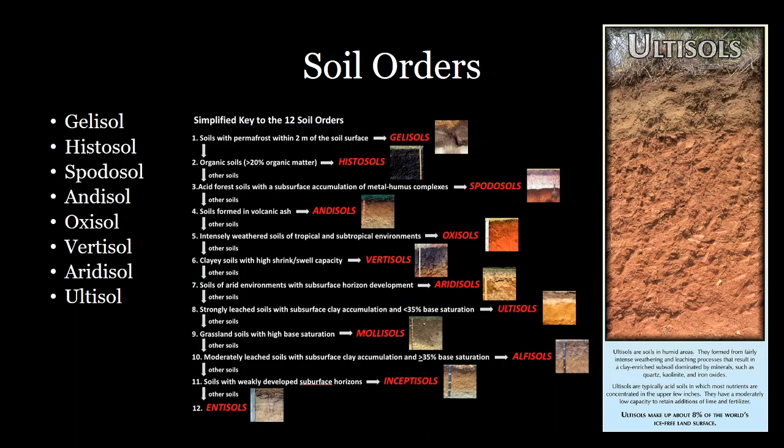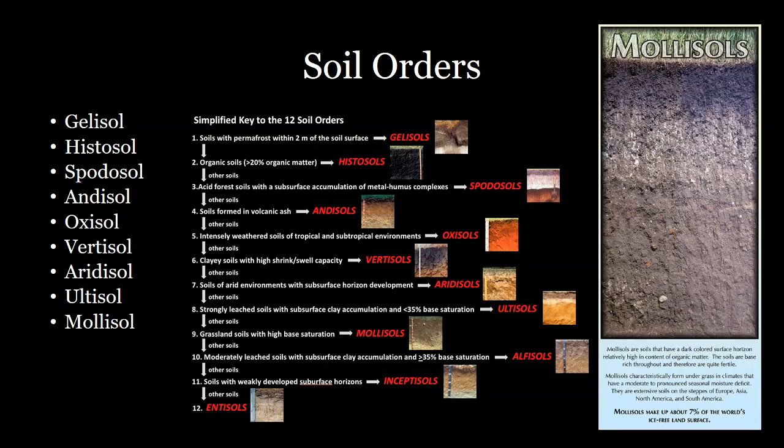And so you have typically acidic soils where the organic matter is just concentrated in the upper part and doesn't go very far down. And so the altisols generally have low base saturations and heavy clay substrates.